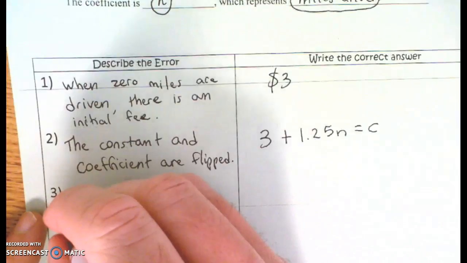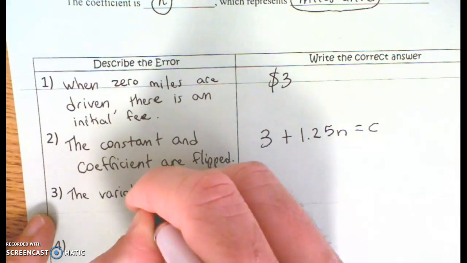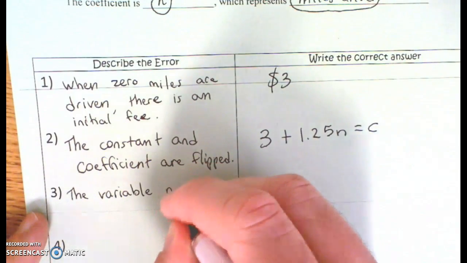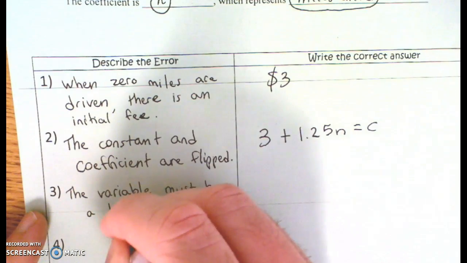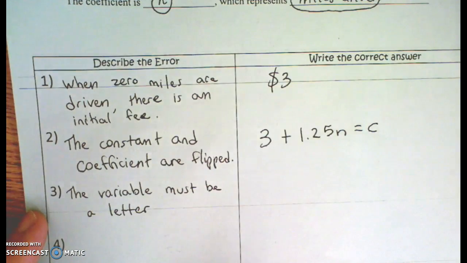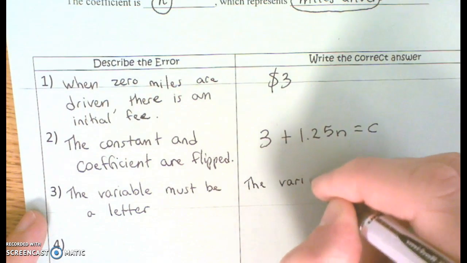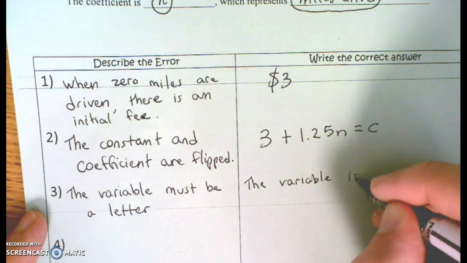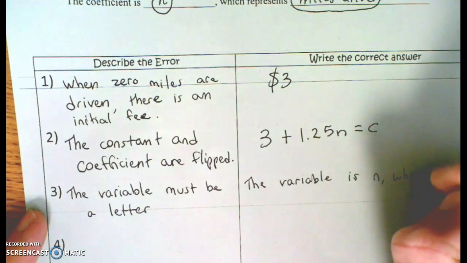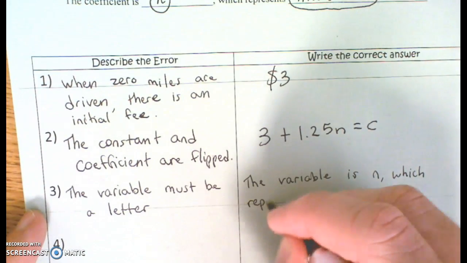So the variable must be a letter. And the variable is N, which represents the miles driven.